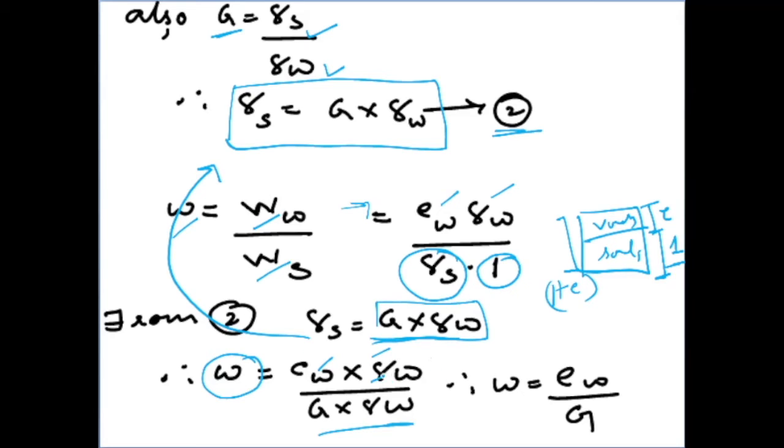So what is common over here? Gamma_w and gamma_w get cancelled. So water content is nothing but e_w divided by G. What is water content? It is nothing but e_w, which is the volume of the voids filled with water, divided by the specific gravity G.